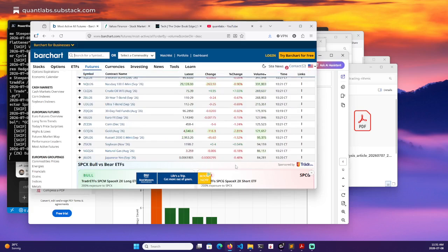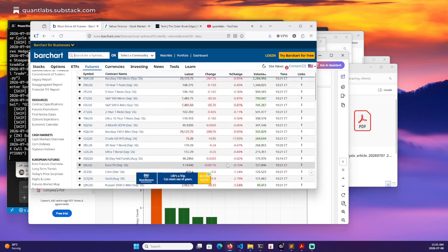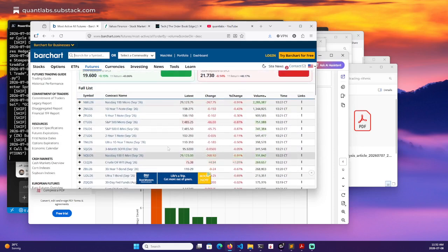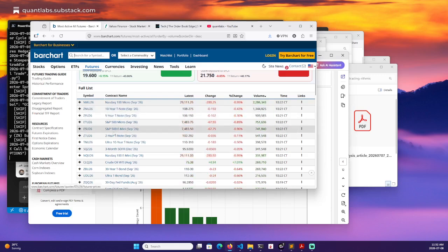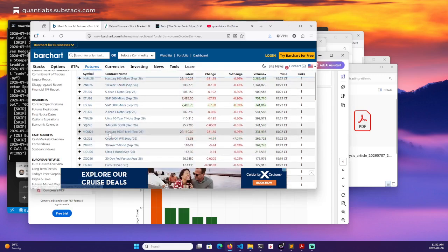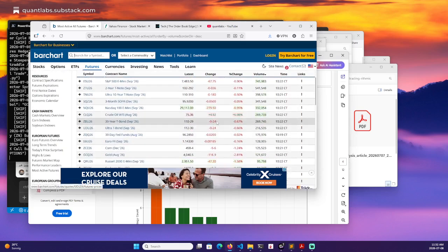It's 11:31 Central, peak midday trading, and you can see the highest volume traded as the markets are fully open: Nasdaq, the 10-year Treasury note, S&P, another bond, Nasdaq, crude oil. Very, very liquid markets.